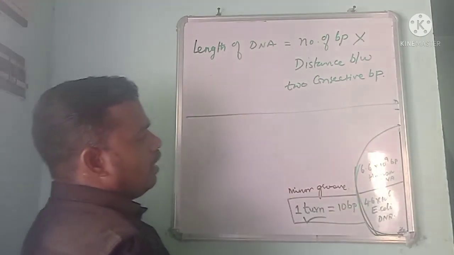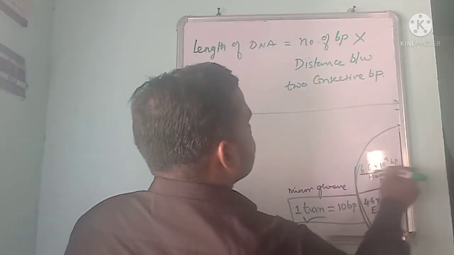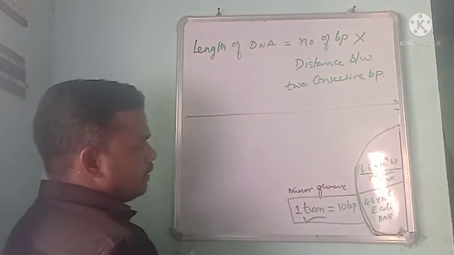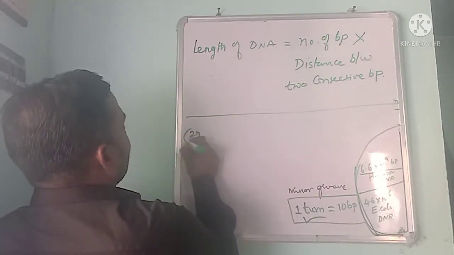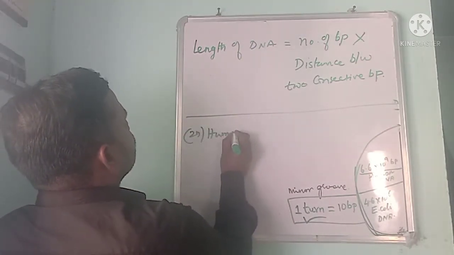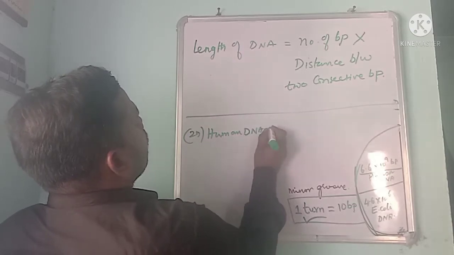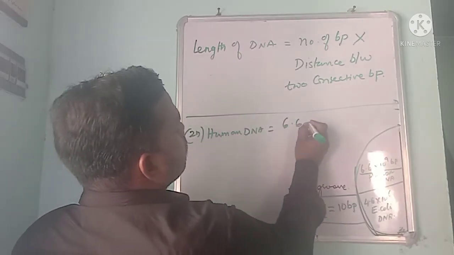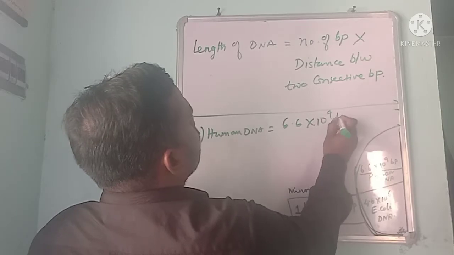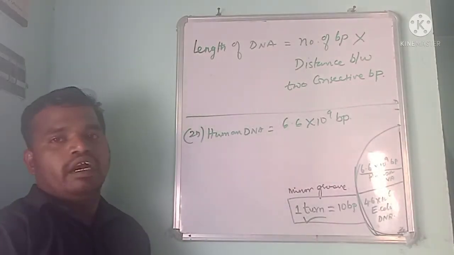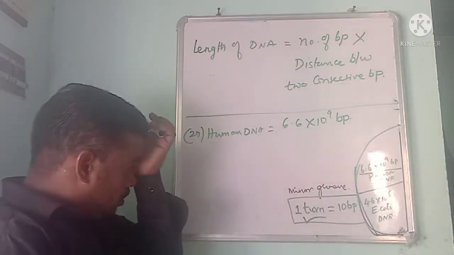So the length of the human DNA in diploid condition, that is 2n, is 6.6 × 10^9 base pairs. Got it?